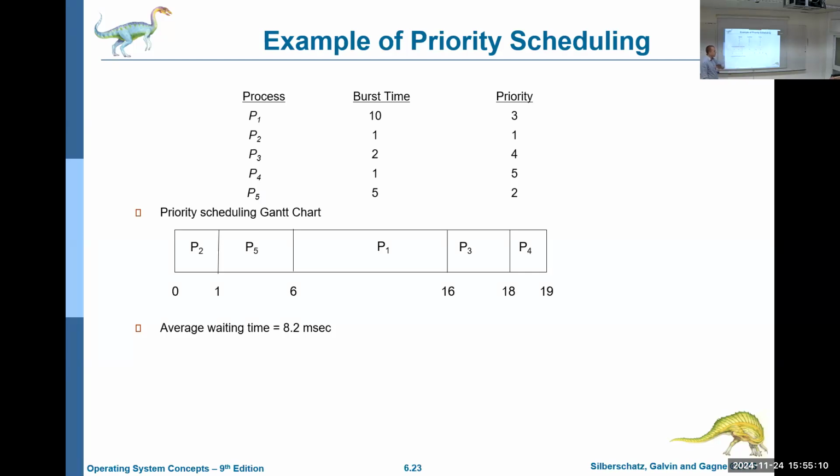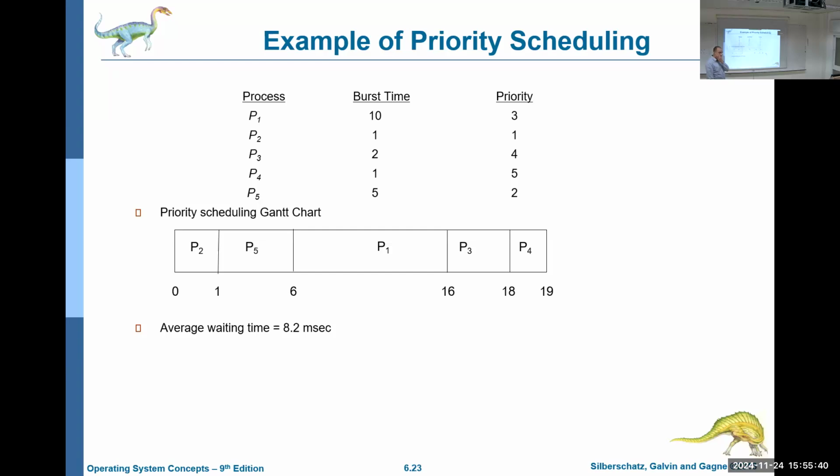But they both came at the same time, and we're not doing first come, first serve. We don't know who came first. We just know they came at time 0. We're not keeping track of that. All we're keeping track of is their priority. So the tiebreaker is always by the ID number.